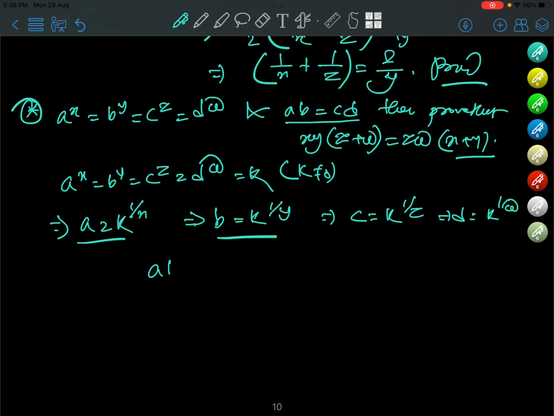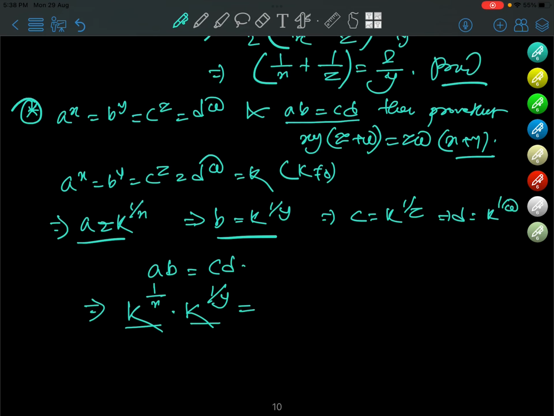What is the second condition? Second condition is ab equals cd. What is the value of a? In the place of a we will put k to the power 1 by x, and in place of b we put k to the power 1 by y.